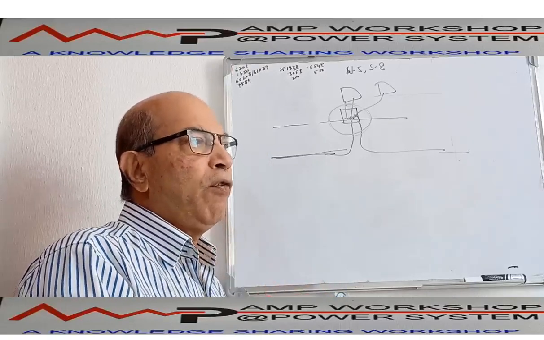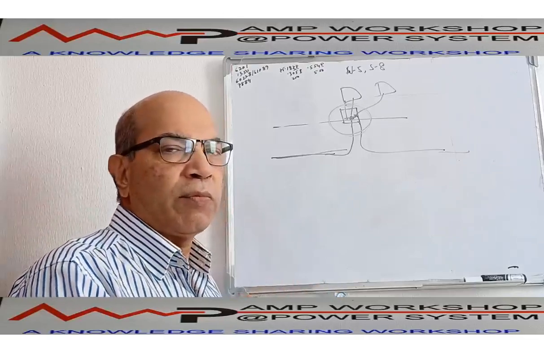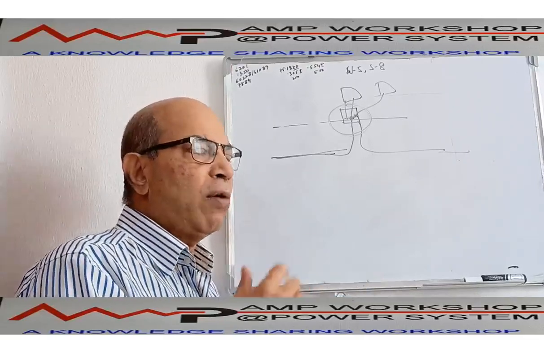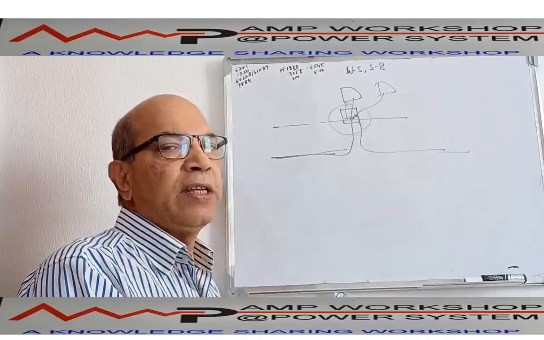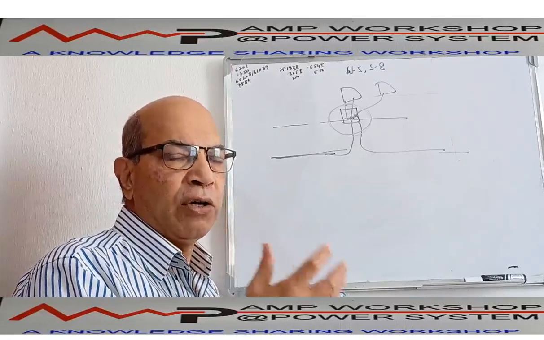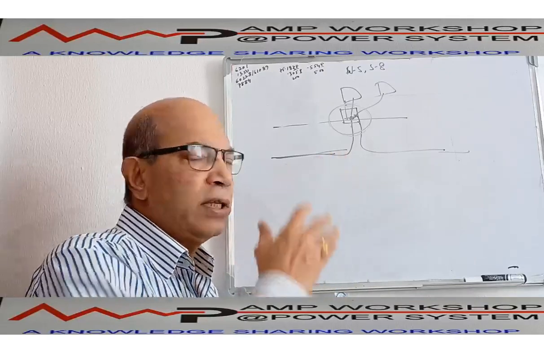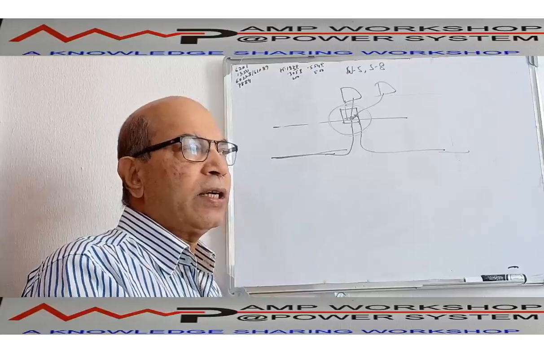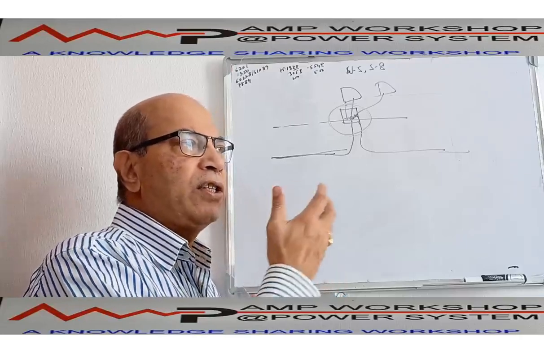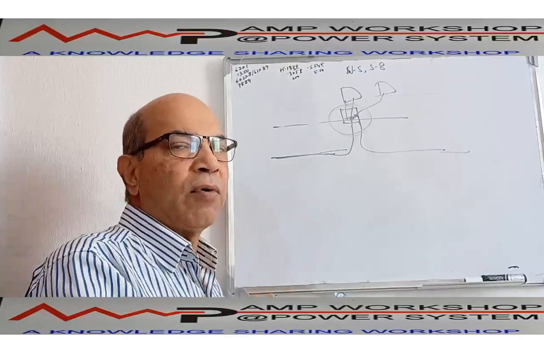Secondly, for a particular cross section of the conductor, either copper or otherwise, the power carrying capacity of an overhead line is more than that of the cable, due to insulation and the cooling effect. When we see the current rating of the conductor, we see that the open conductor current rating at a particular condition is more than that of the cable.